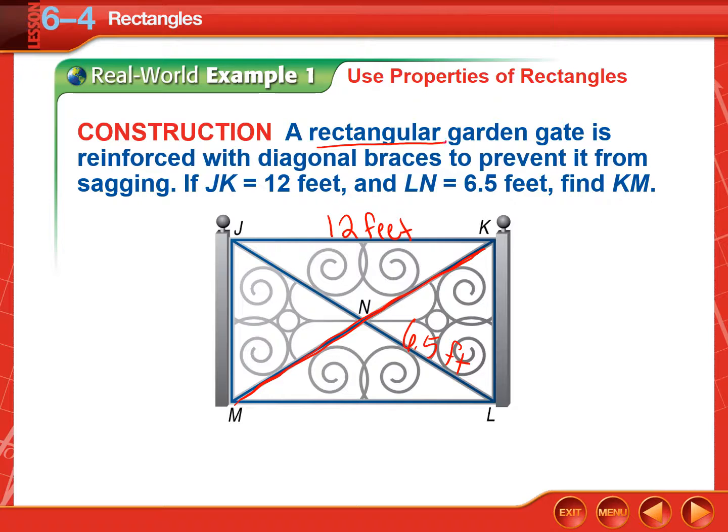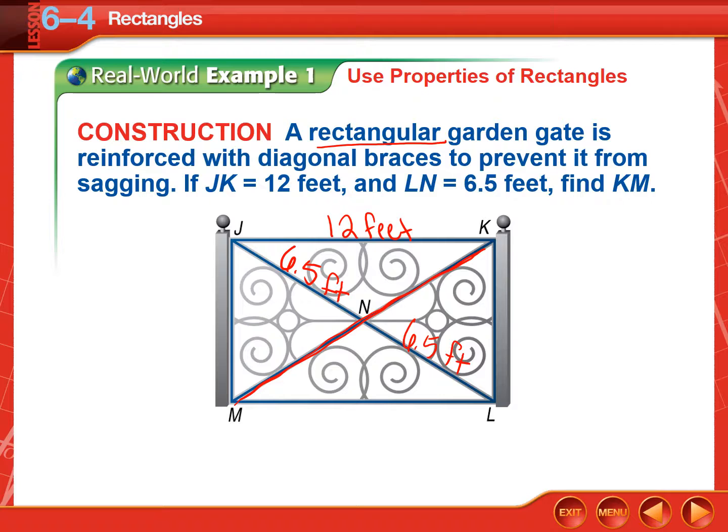It says it's a rectangle here, so we're good. Okay, and also because it's a parallelogram, we know that those diagonals are going to bisect each other. So if LN is 6.5, okay, then JN is going to be 6.5 feet because they bisect each other.